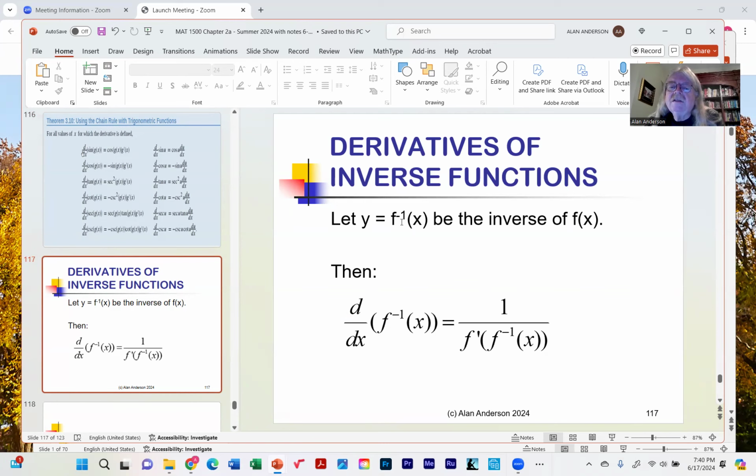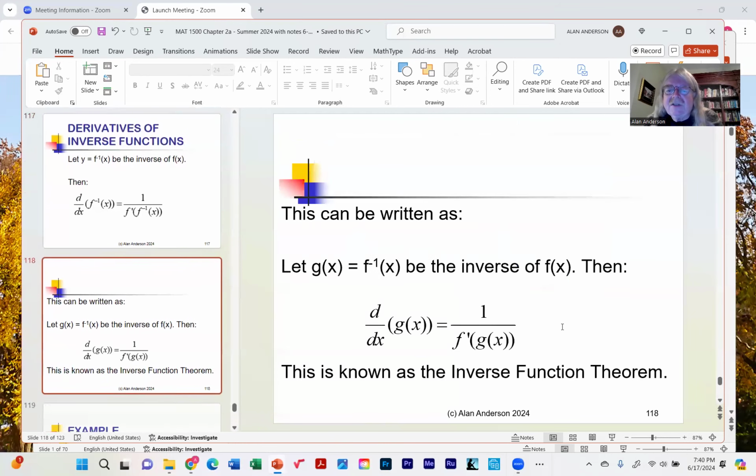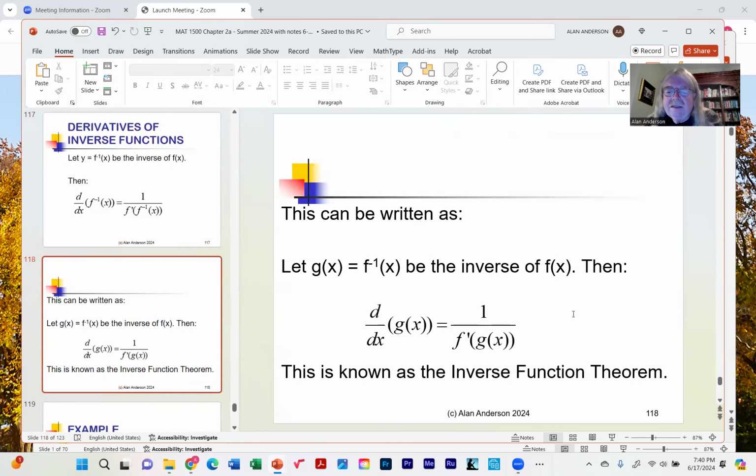So if f inverse of x is the inverse of f of x, the derivative of that inverse is 1 over the derivative of f, evaluated at f inverse of x. In other words, you're evaluating the first derivative with the inverse function itself.